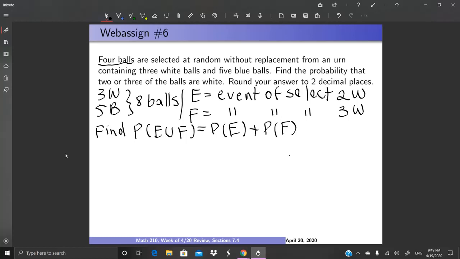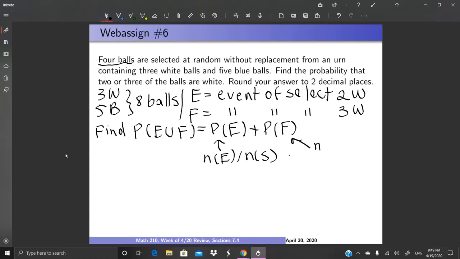Now that we know this, it suffices to find the probability of E and add it to the probability of F. Remember that whole formula: for the probability of E, we have to find the number of elements of E and then divide that by the number of elements in the sample space. And for F, same thing.